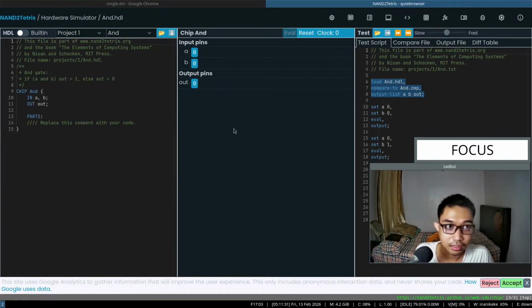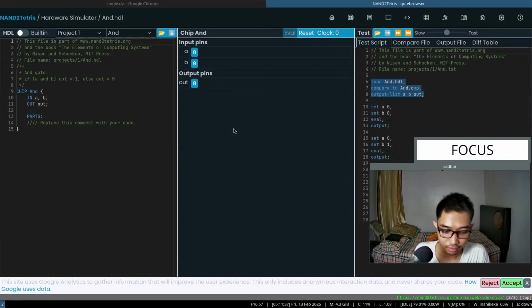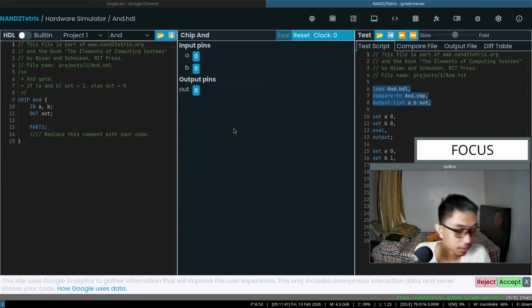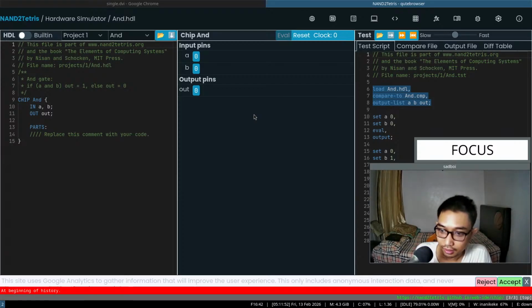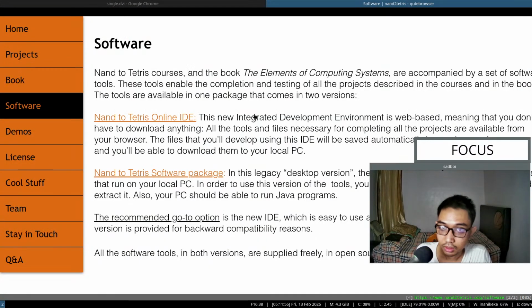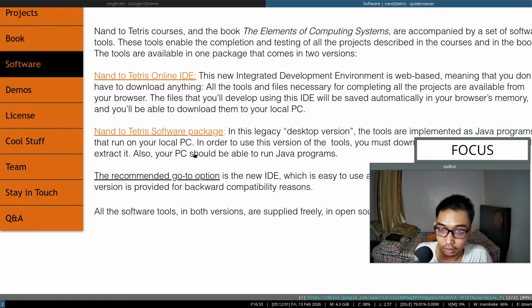Okay, interesting. Okay, this is the IDE. Okay, these are the software package.